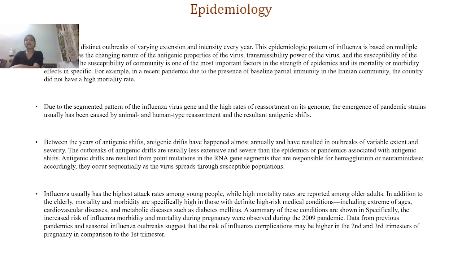Since it has a segmented pattern, you can understand there is a high rate of reassortment in its genome. And the emergence of pandemic strains usually has been caused by animal and human type reassortment and the antigenic shift.